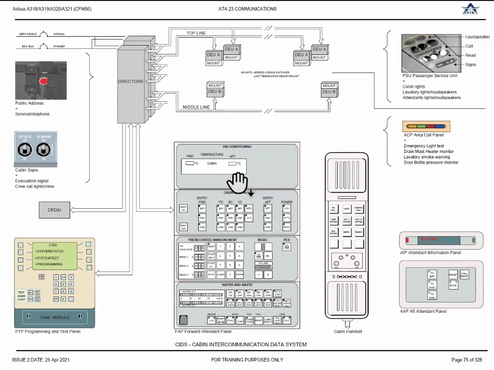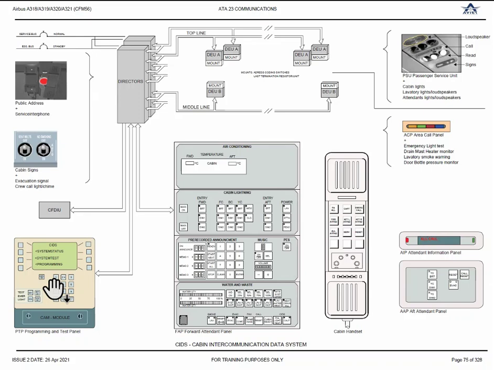The cabin crew interface is a FAP, forward attendant panel, which has multiple sections: air conditioning, cabin lighting, audio, water and waste, and some hard keys and function keys are available downside. So it is mainly for the cabin crew operations. The PTP is there, the programming and test panel, that is always closed behind a panel.